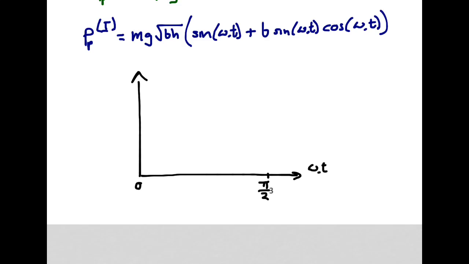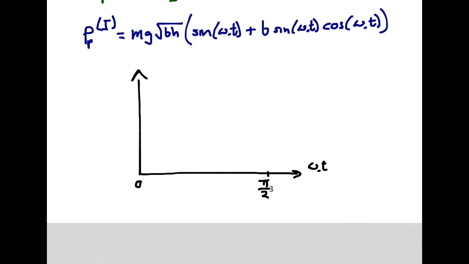Just how we set up our last pieces. And so sine gives us a function that starts at 0 and then creates its tallest point at pi over 2.